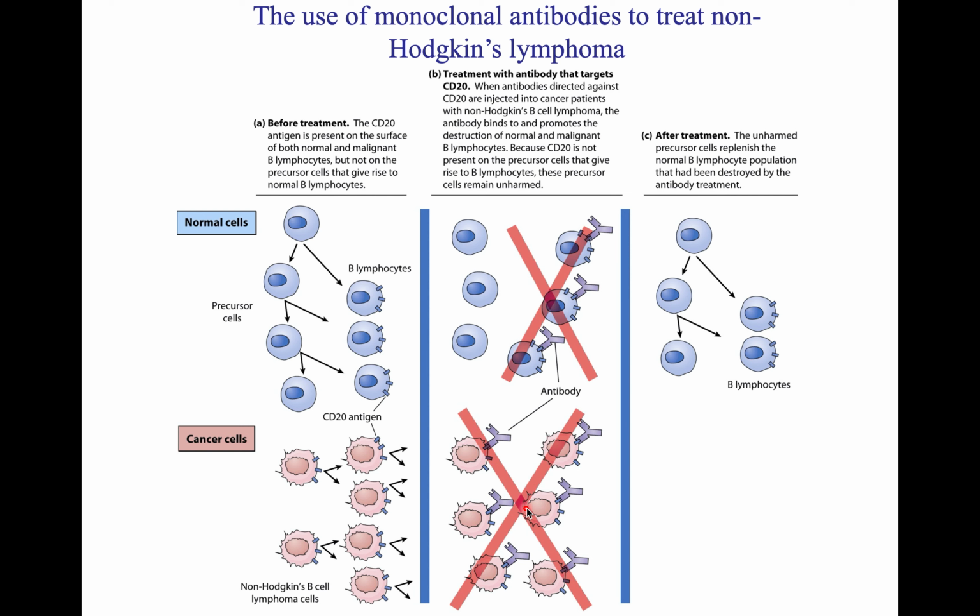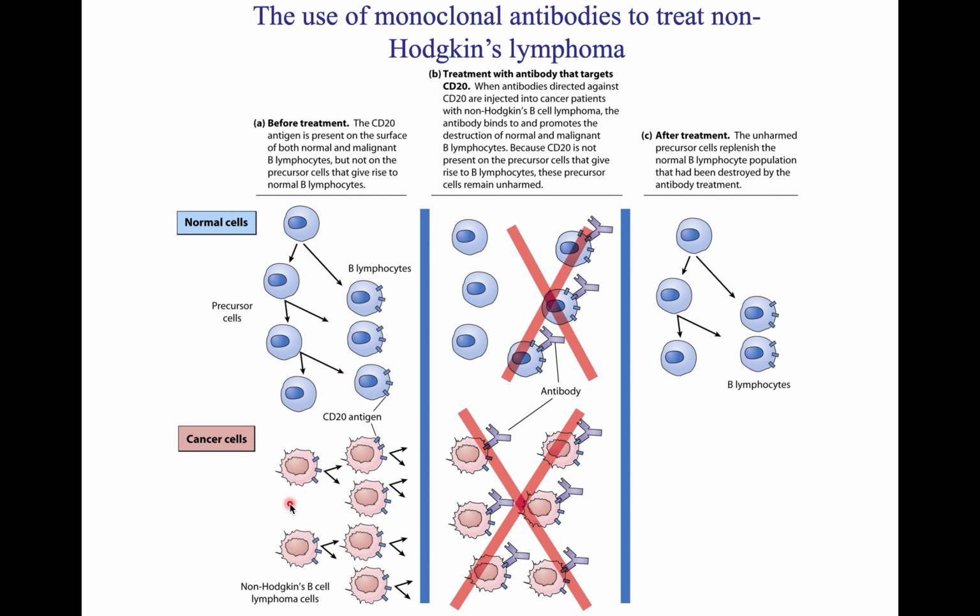So here's an example of using an antibody to treat non-Hodgkin's lymphoma. This is a disease of overproliferation of B cells, B lymphocytes. The antibody is targeted against this cell surface antigen called CD20, which in normal cells is found on mature B lymphocytes, the little blue rectangles here, but it's not found on the stem cells, the precursor cells that give rise to those lymphocytes.